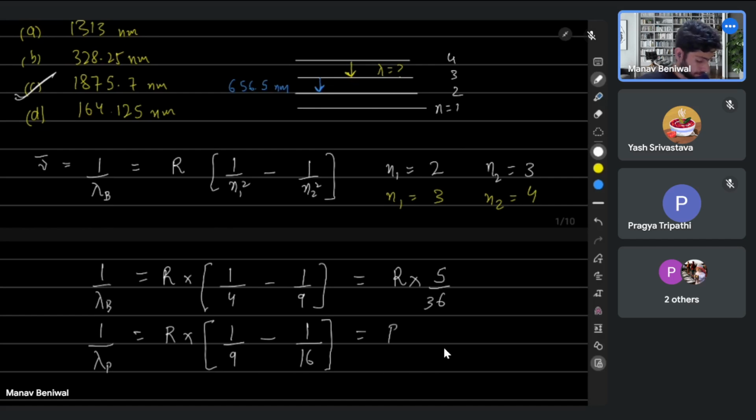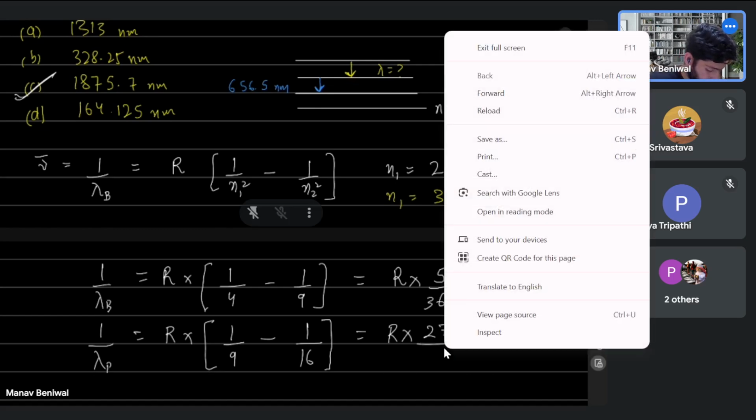So this will become R times 7 upon 16 into 9. Correct?